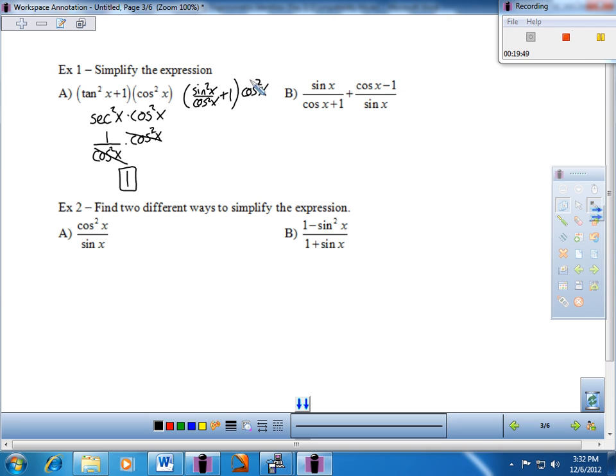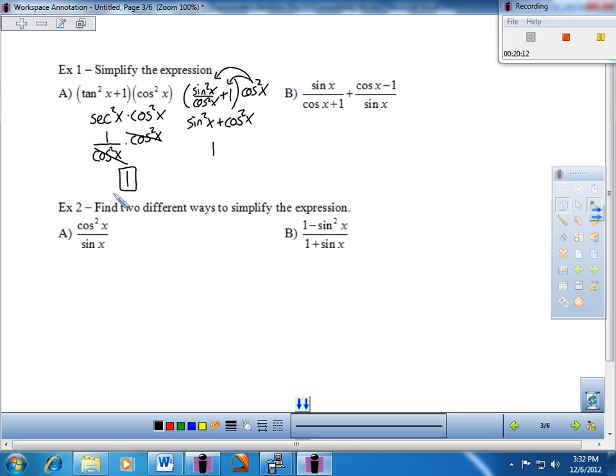And then you would distribute once and twice. When you distribute, the cosine squareds would cancel, and you would get sine squared. 1 times cosine squared is cosine squared, and you would be left with that. And this one, you just have to recognize sine squared plus cosine squared is 1. And so, of course, no matter what, you end up with 1.